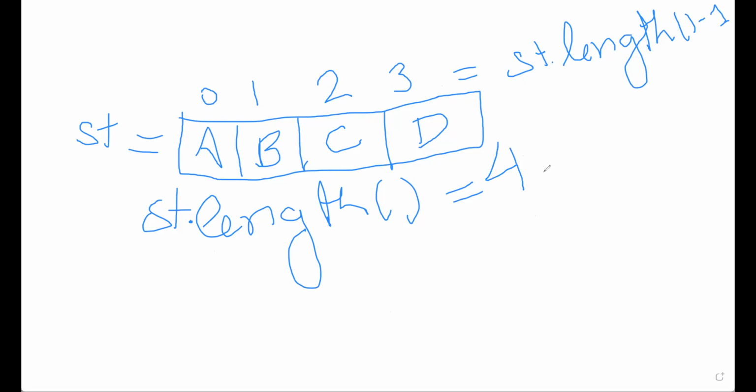But there is a limitation here. The indexing does not start at 1. It starts from 0. So the last index 3 can be assumed as st dot length minus 1. Always, whatever may be the size of the string, the last index can be supposed to be st dot length minus 1.